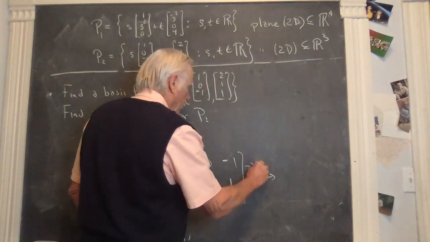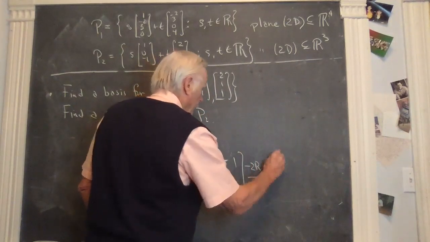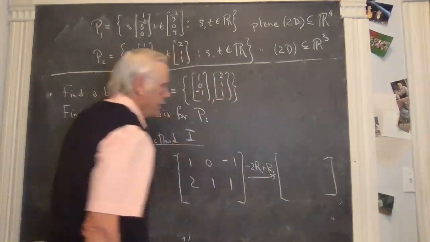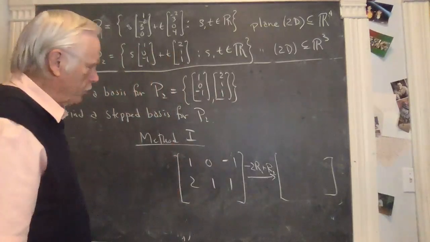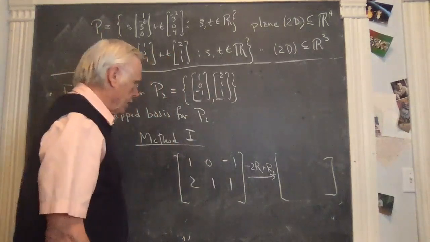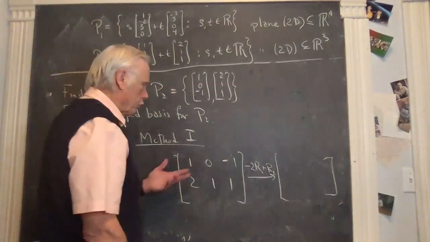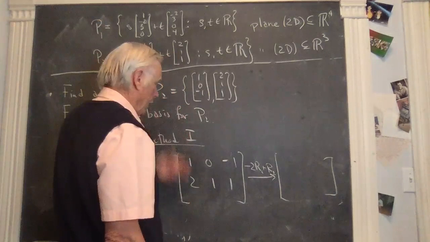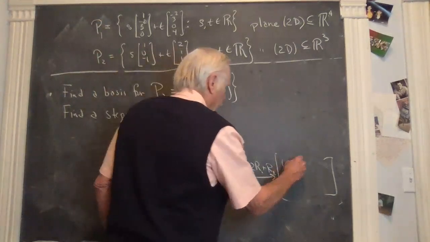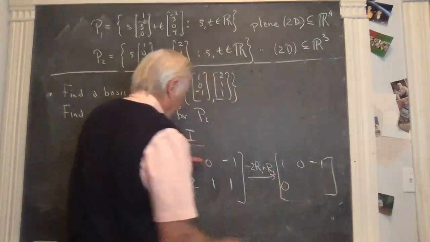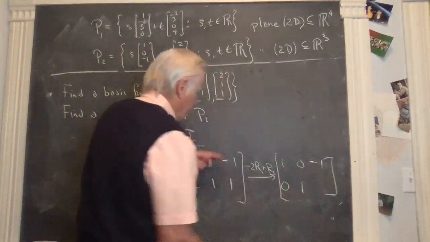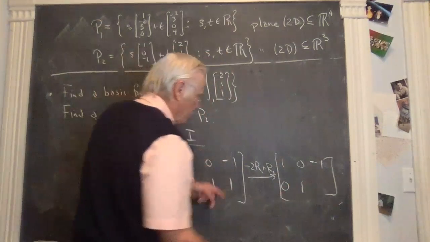Minus 2 times row 1 added to row 2. Using the idea that these elementary row operations are linear combinations, so the rows remain in P2 and remain linearly independent. So the first one remains the same. 0 minus 2 times this plus this is 1, minus 2 times this is 2, plus 1 is 3.